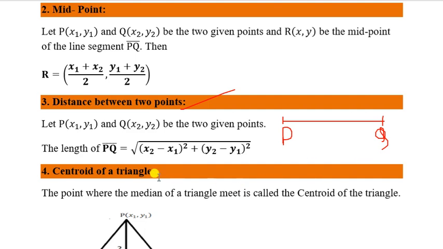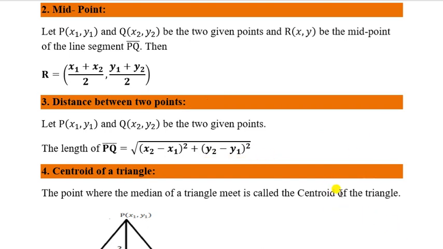The formula is under root of x2 minus x1 whole square plus y2 minus y1 whole square. With this formula you can find out the distance between P and Q with the given coordinates. You have learned distance between two points in class 9.